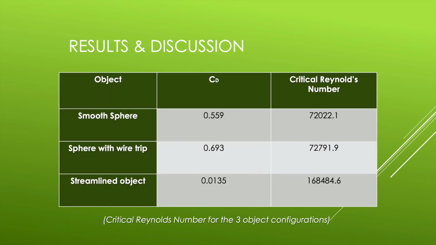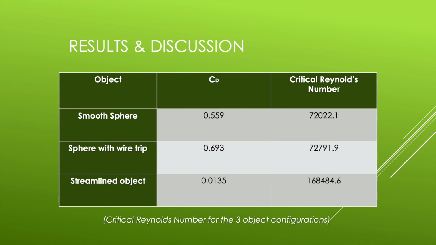Here we have a table with the three configurations and their coefficient of drag at their critical Reynolds number. The difference in pressure distribution between the upstream and downstream sides determines the drag on an object. Therefore, for the streamlined object, we observe a lower coefficient of drag at a higher critical Reynolds number.